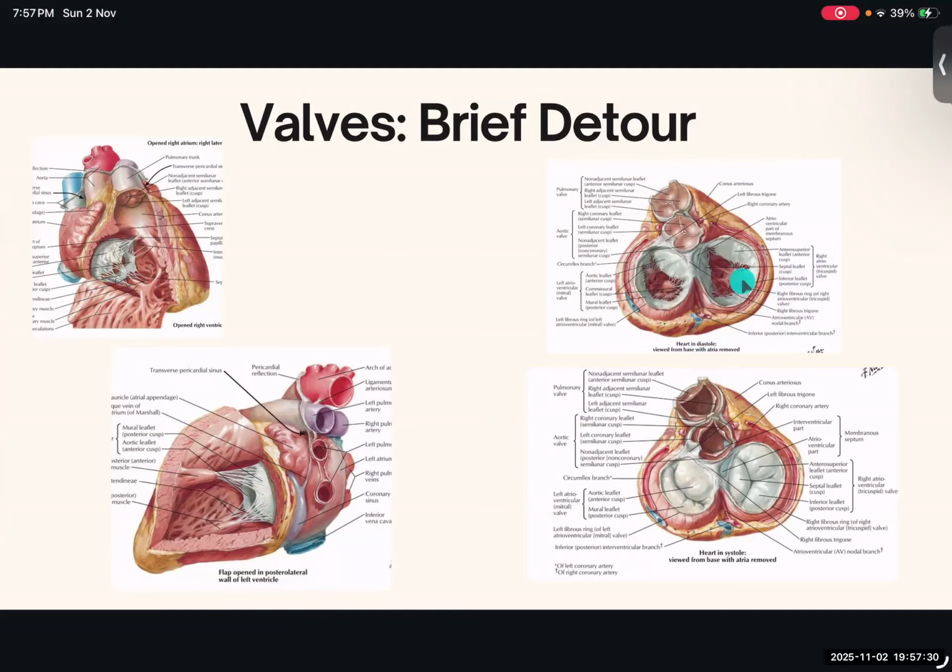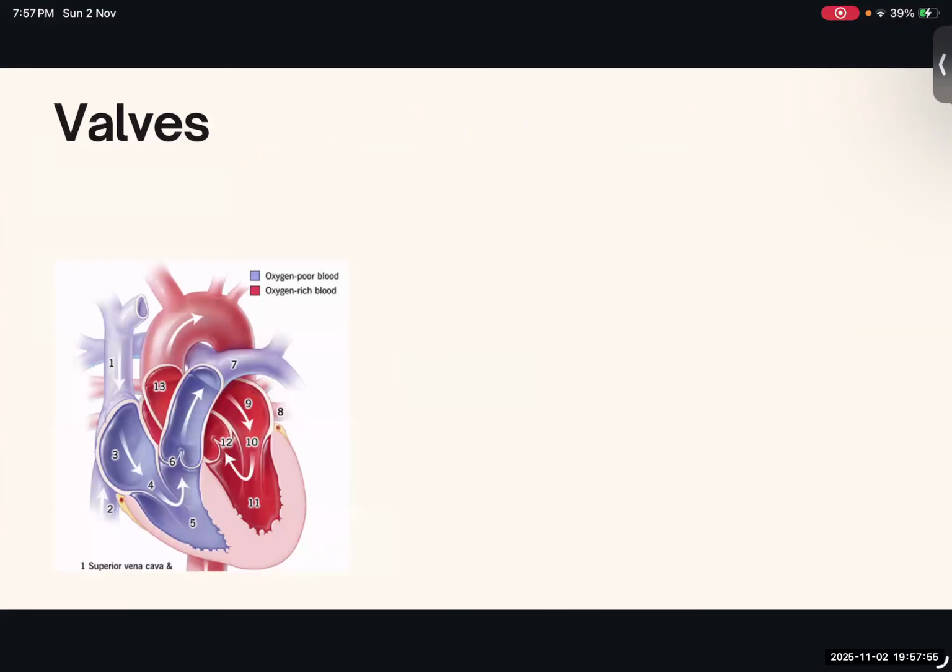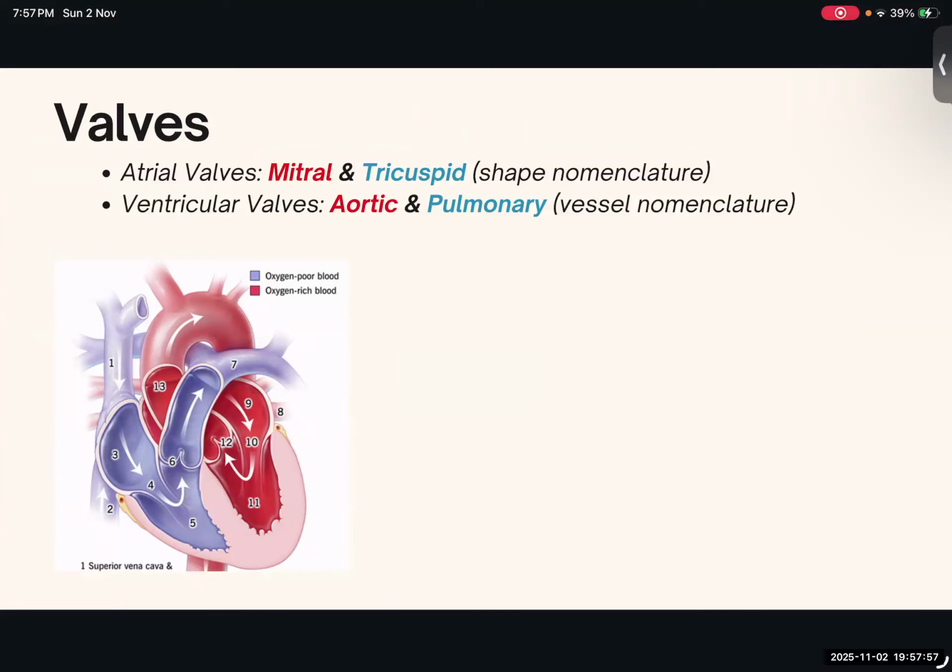In diastole, during atrial contraction, the atrioventricular valves, the tricuspid and the mitral, will be open because the blood is going inwards through here, and the ventricular valves will be closed. During systole, the pressure produced by the ventricles is going to push the pulmonary and aortic valves open to push the blood out. So again, this confused me very much when I was in first year.